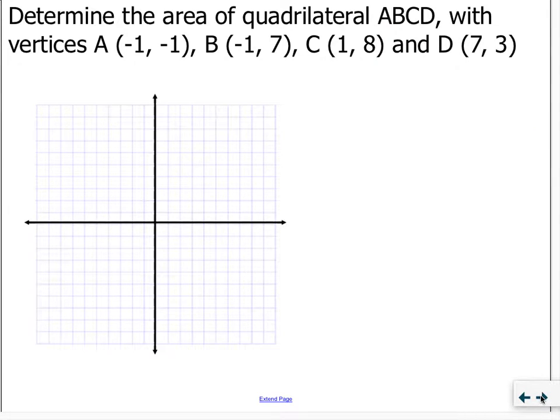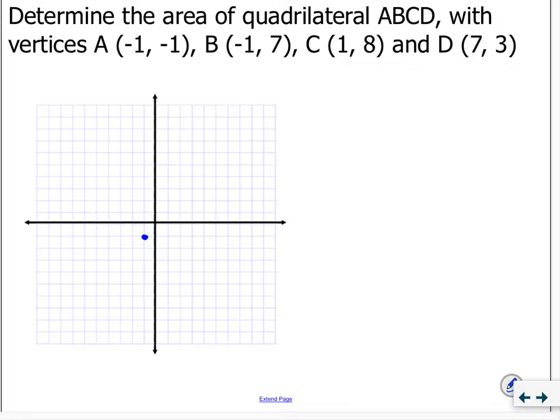Alrighty, you get to practice one now. Determine the area of this quadrilateral, whose vertices are given as A, B, C, and D. Give it a shot. So point A is down there. Nope. That's (-1, 1). Point A is down here at (-1, -1).